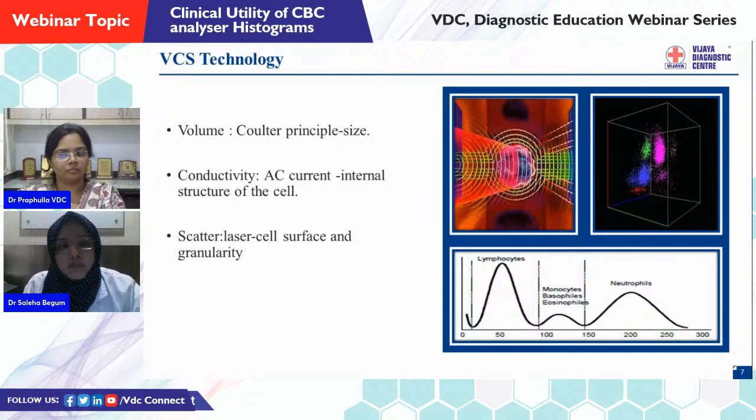The scattered light gives us information about the cell surface and granularity. That's how the different WBC populations are separated into small cell, mid cell, and large cell populations. We will see this in the upcoming slides.